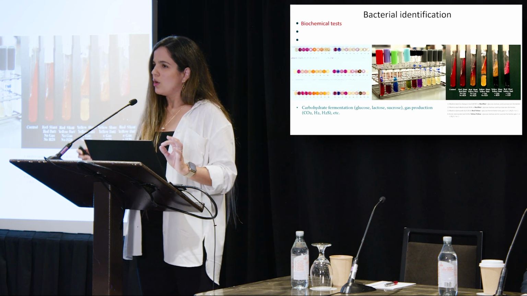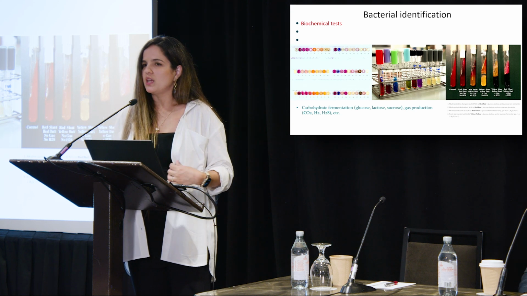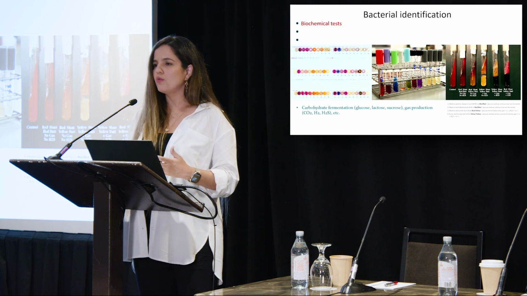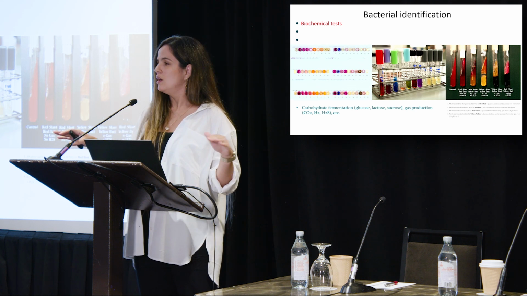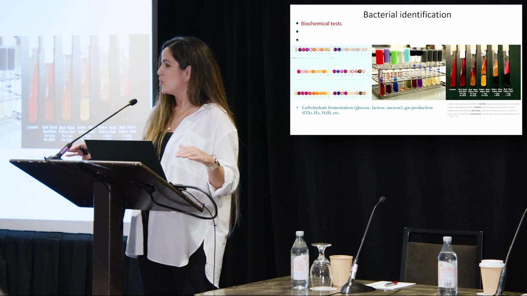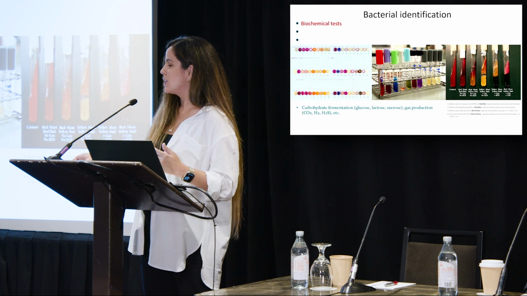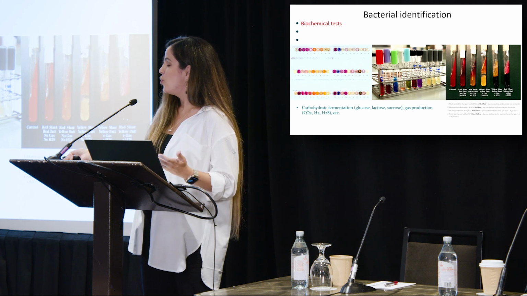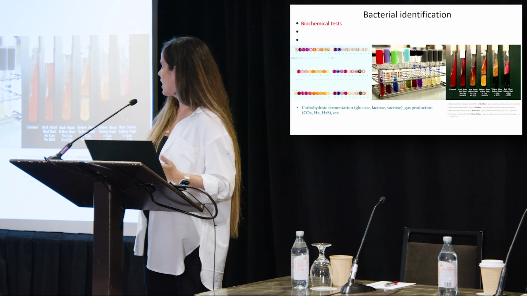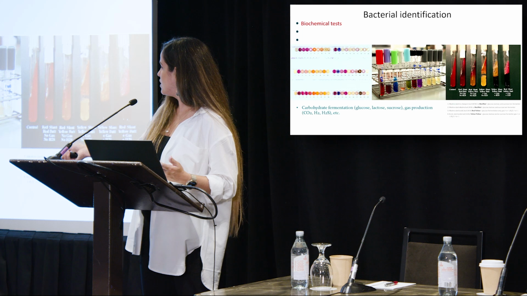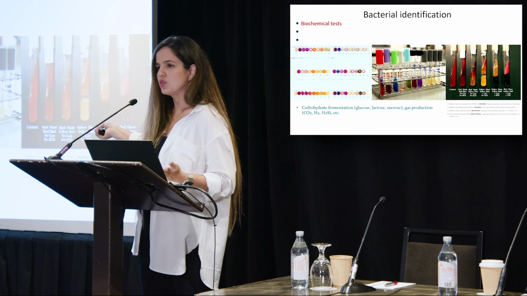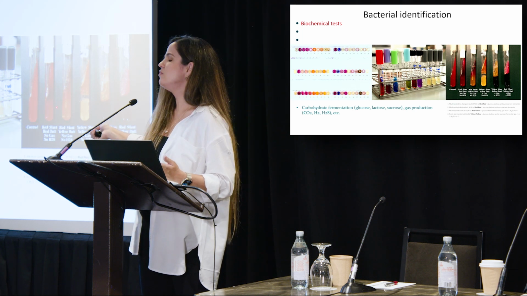All this black color means a positivity for H2S, right? So with this range of tests, we can tell if the microbe can metabolize some types of carbohydrate and can produce gas, and which type of gas. So if it's black, it's H2S. If it's transparent, it's hydrogen mostly and CO2, right?